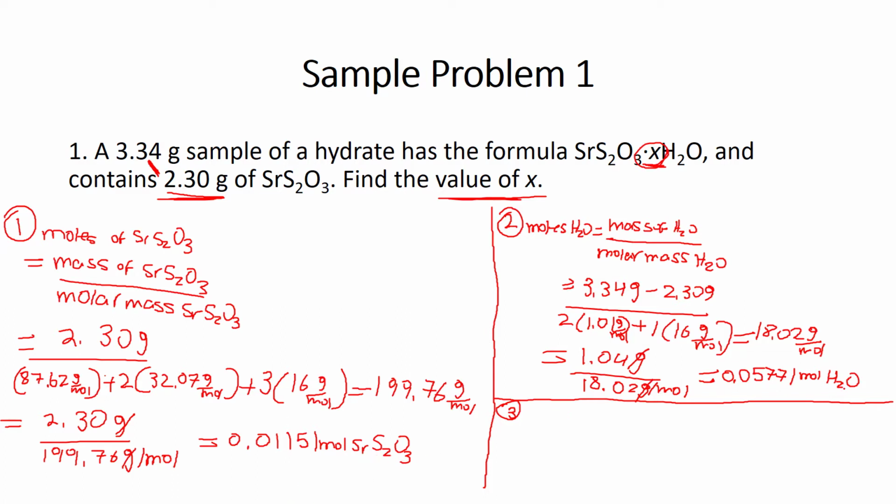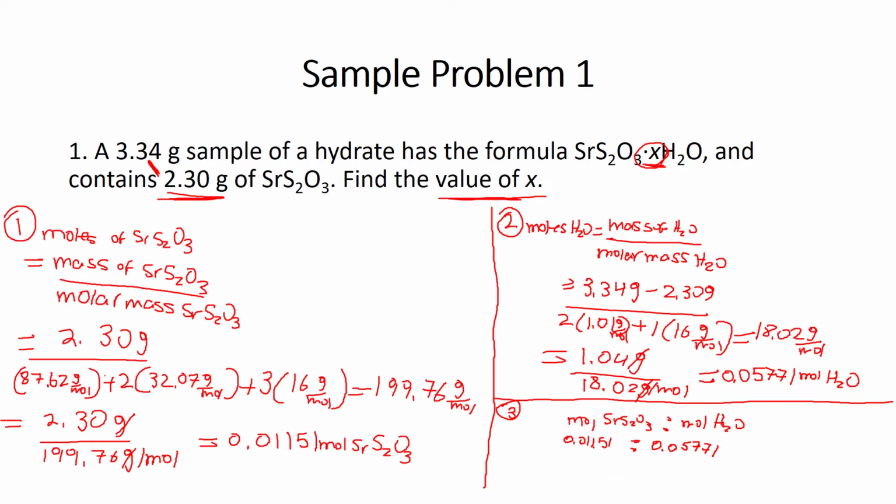So we would just find the mole ratio of SrS2O3 and the moles of H2O. The moles of SrS2O3 is 0.01151, and the moles of H2O is 0.05771.